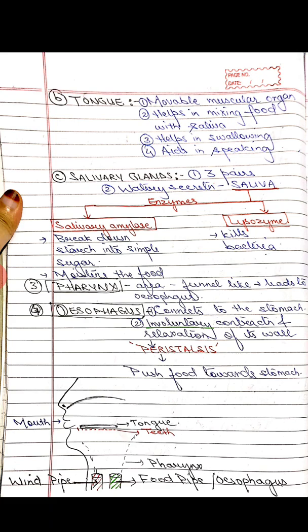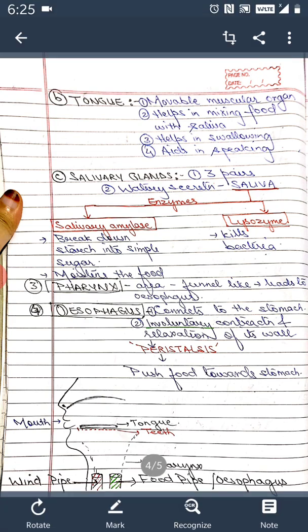The reason behind this is that the saliva in our mouth contains an enzyme known as lysozyme, and this enzyme kills the bacteria entering our mouth. It does not kill all the bacteria, but it can kill a wide range of bacteria entering into our mouth. Apart from this, saliva also moistens the food.